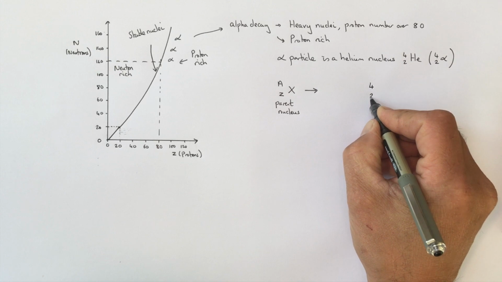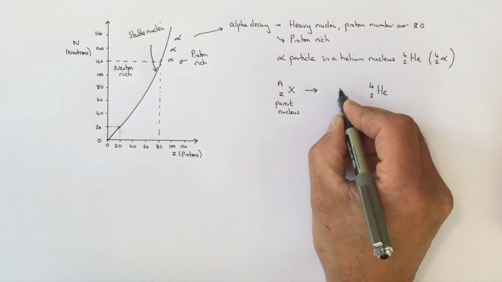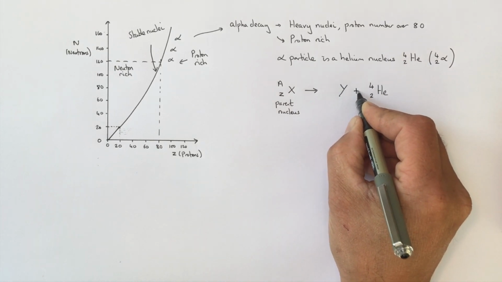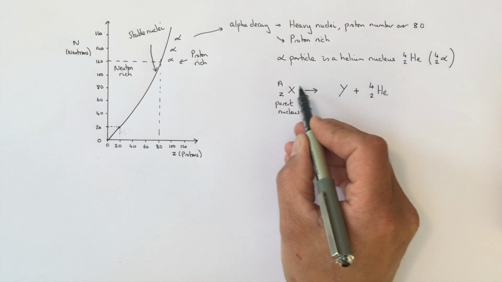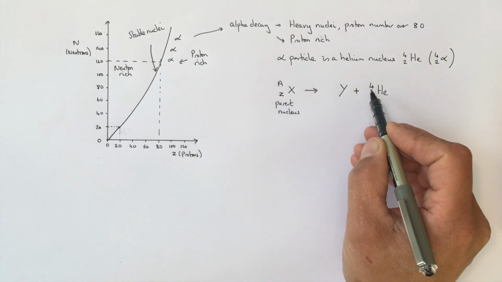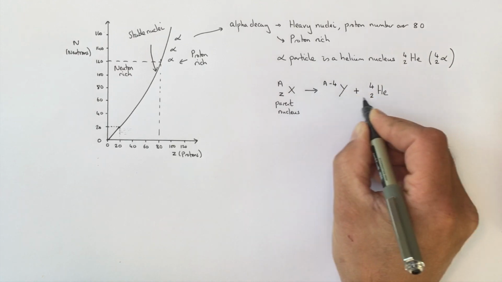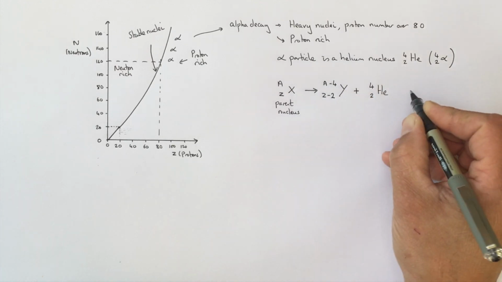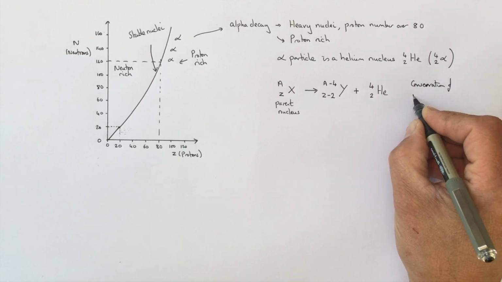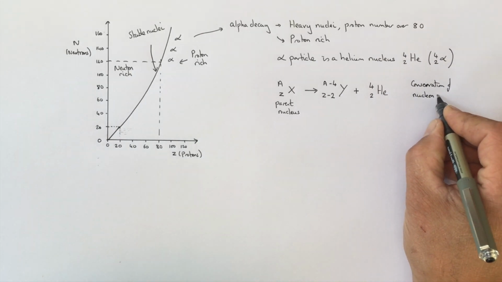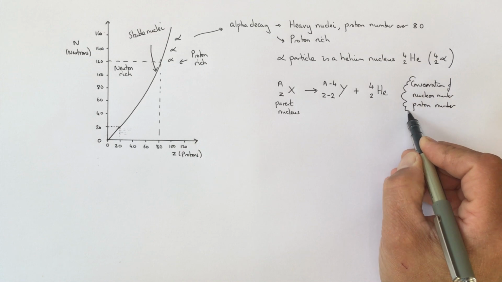So writing the helium nucleus first, the alpha particle, and then Y stands for the daughter nucleus, and so the top number we've got A minus 4, and the bottom number is Z minus 2. This is so conservation of nucleon number and proton number are conserved.